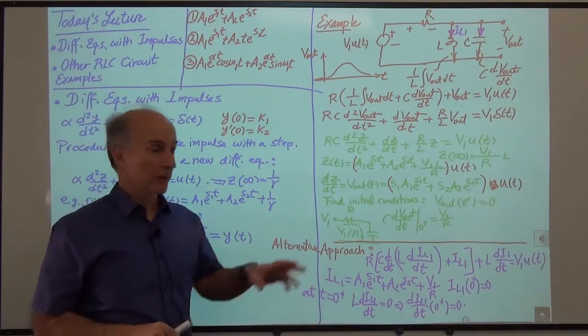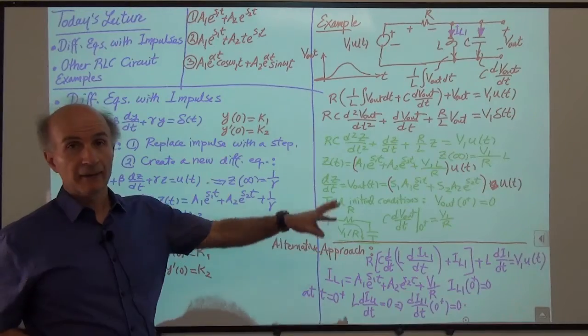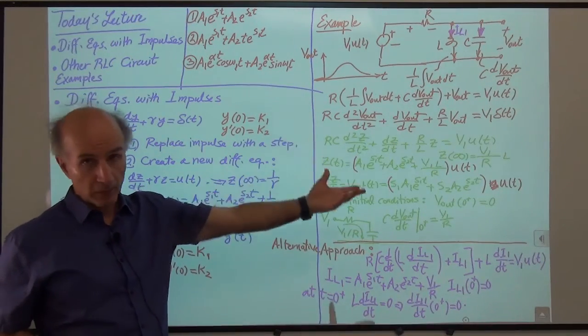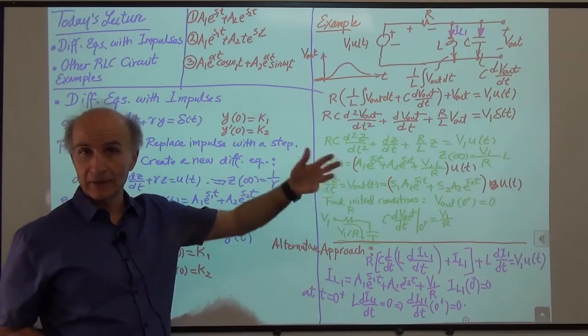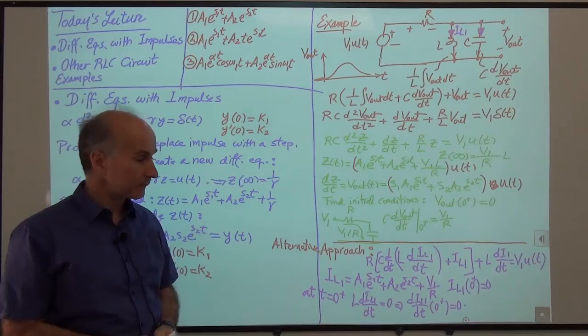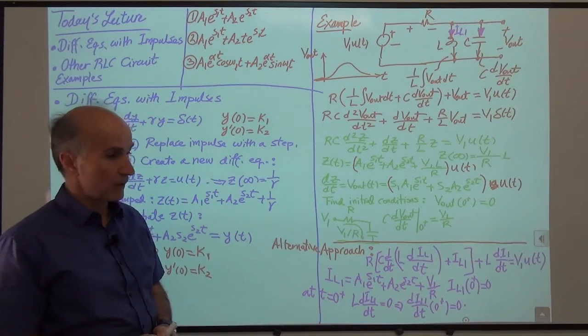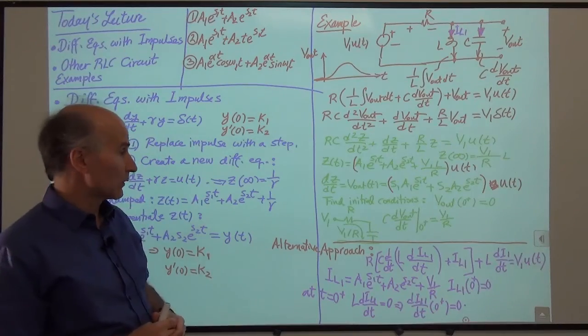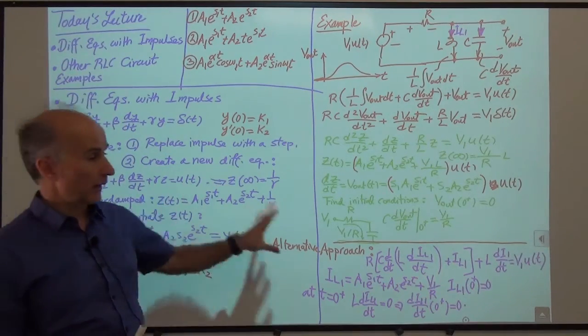All right, so this method avoids having an impulse on the other side. It finds IL1 first, and now if I want to find V out, I just say L dI over dt is V out, and we can find that as well. All right, so these are different ways of solving these problems. But it's good to know this, and it's good to know that.